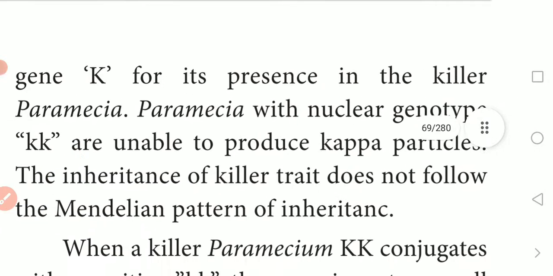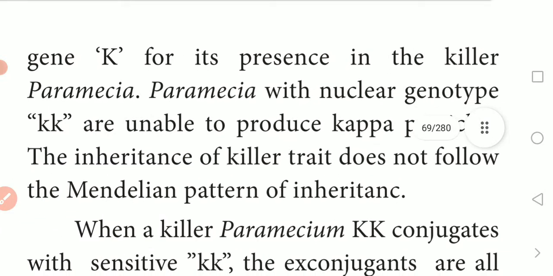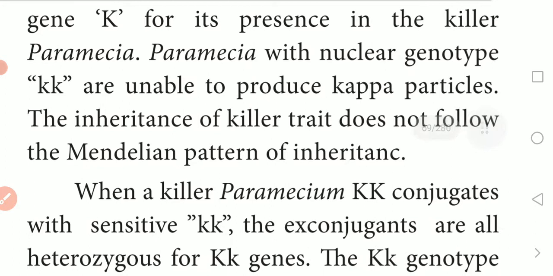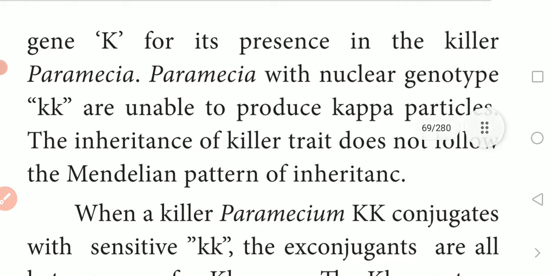That leads to the death of the other individuals called sensitives. So the kappa particles present inside the body of the Paramecium produce one toxic substance, which we call paramecin. That paramecin kills the other organisms. Here they have given the word lethal. Lethal means death. You can underline it and write it.